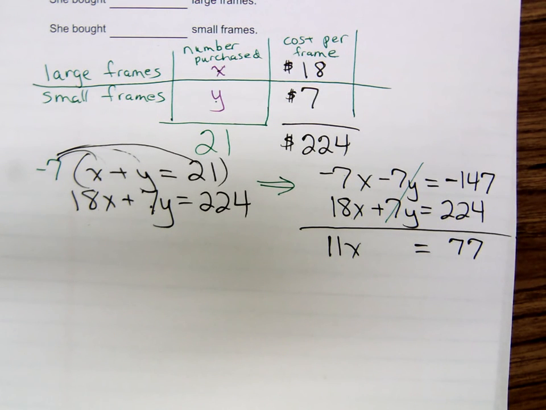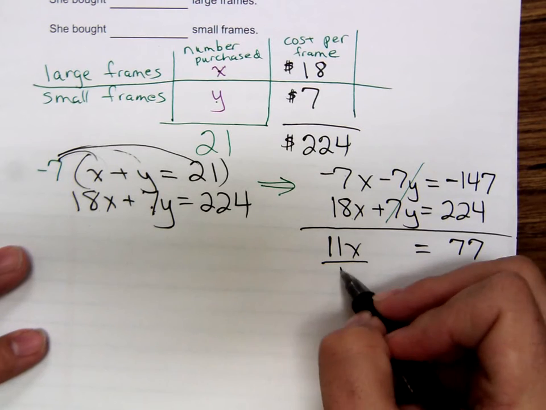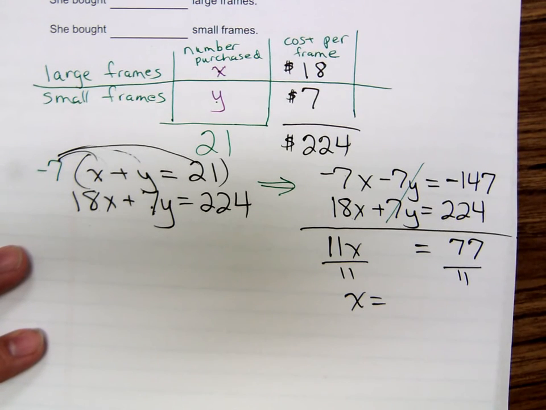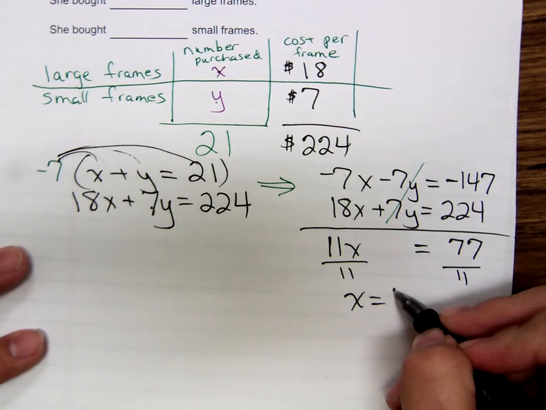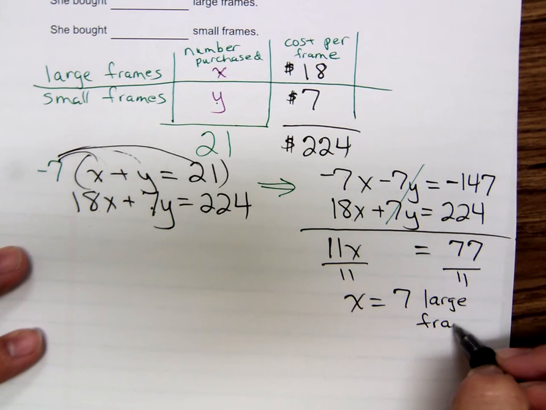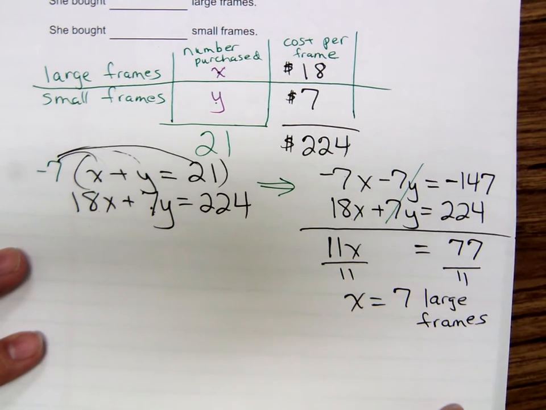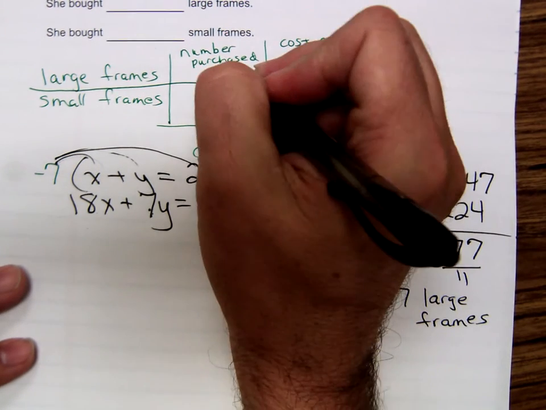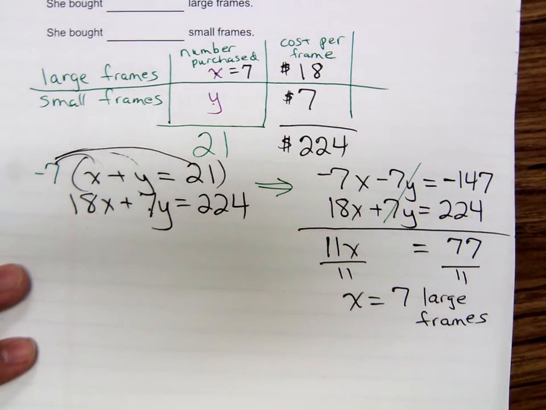Dividing by 11. How many large frames did you buy? 7. She bought 7 large frames. Let's do the substituting in just mentally. We know that x is 7.